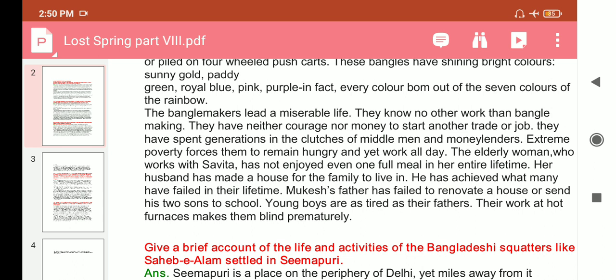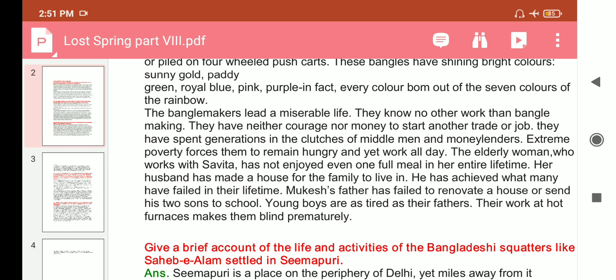Extreme poverty forces them to remain hungry and yet work all day. The elderly woman who worked with Savita has not enjoyed even one full meal in her entire lifetime. Her husband has made a house for the family to live in. He has achieved what many have failed in their lifetime.